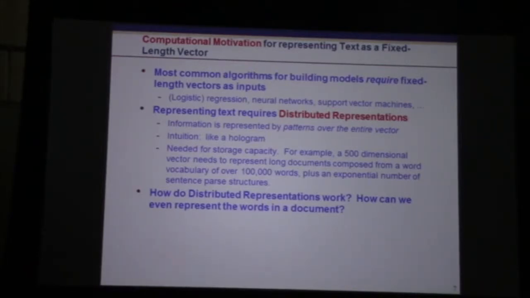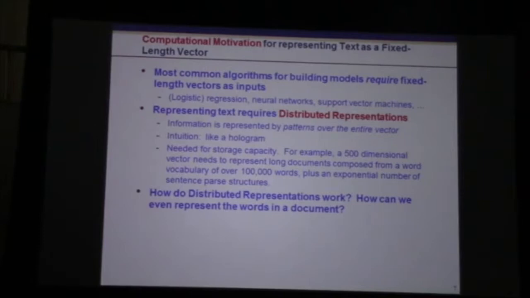So we want to see if we can represent language, for example, a news story, as a fixed-length vector. Not so easy to do right out of the box, right? Because they have all kinds of different lengths, and here we're trying to represent it as a fixed-length vector. Plus, there's structure involved. So in order to even make a start, we can say some things about how this vector is going to have to look and how it's going to have to work.